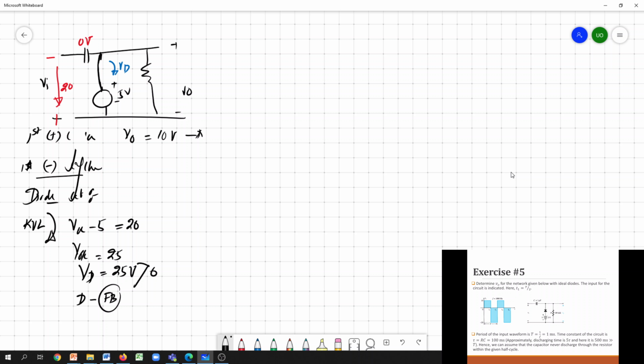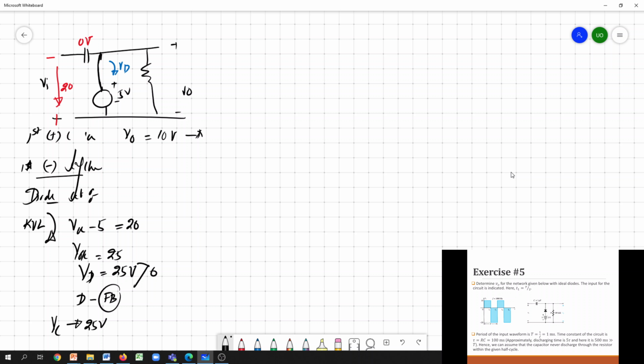So then this VC is charged to 25 volt. So during this first negative cycle, we basically apply 25 volt across the capacitor, because this diode is forward bias and it's basically replaced with the short circuit element. So the capacitor voltage increased up to 25 volt during this first negative cycle.